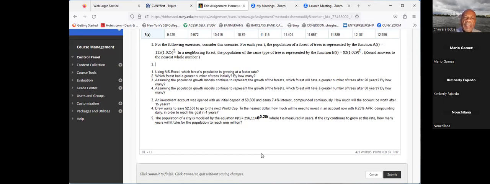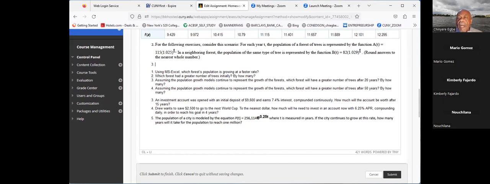You can see that the T is in the exponent, using the exponential function. All right, so we're going to try to solve that.